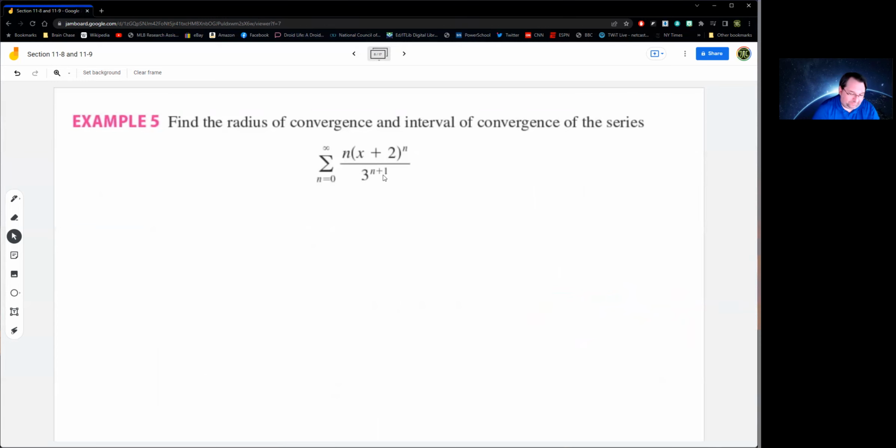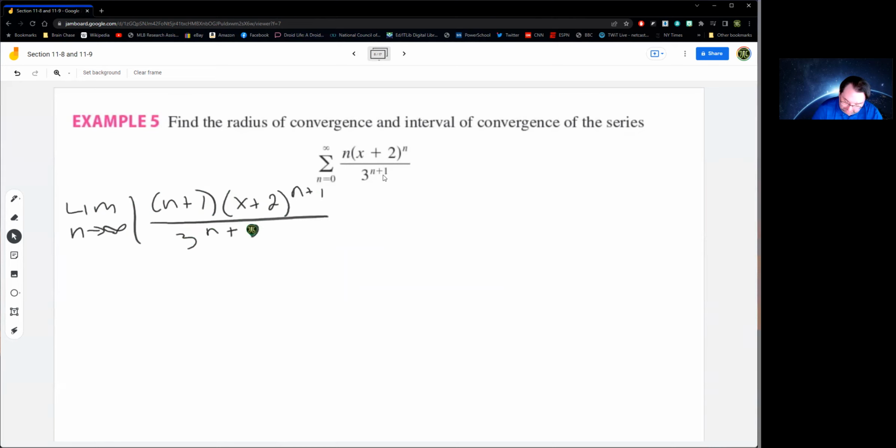All right, let's do one more. So we've got, again, the limit as n goes to infinity, n plus 1. So same thing.